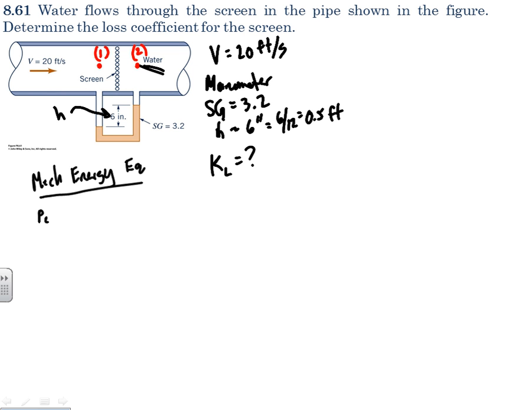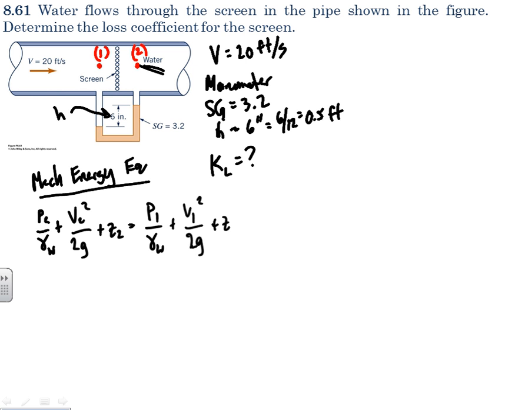It says P2 divided by gamma, and this would be the gamma of the water, the fluid going through the pipe, plus V2 squared over 2g plus Z2 is equal to P1 over gamma of water plus V1 squared over 2g plus Z1 minus the head loss.